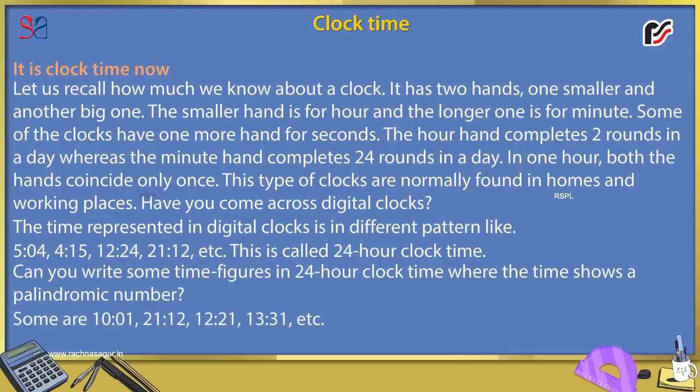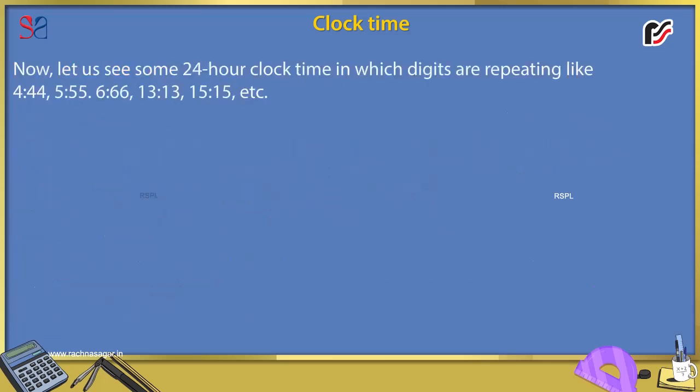Some are 10:01, 21:12, 12:21, 13:31, etc. Now, let us see some 24-hour clock times in which digits are repeating like 4:44, 5:55, 6:66, 13:13, 15:15, etc. Write a few more times in 24-hour clock time.